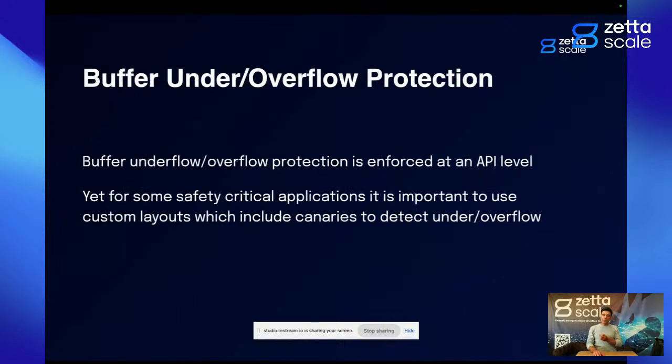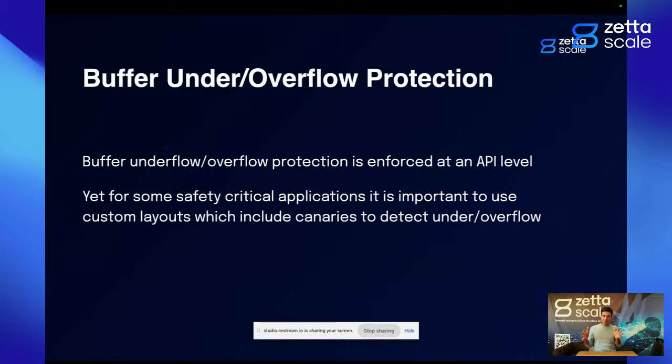Another point is buffer overflow and underflow protection. All of our API is safe in the sense that if you try to under or overwrite, that will be caught in Rust, C++, and to some extent in C. Then depending on your programming language, either a programming mistake or someone malicious could still overwrite.